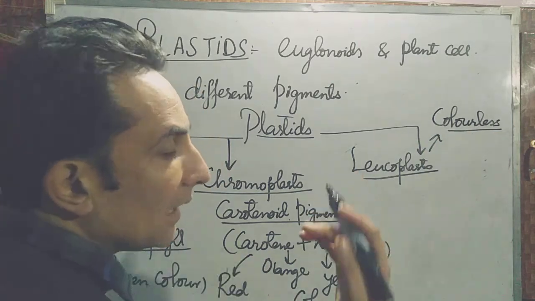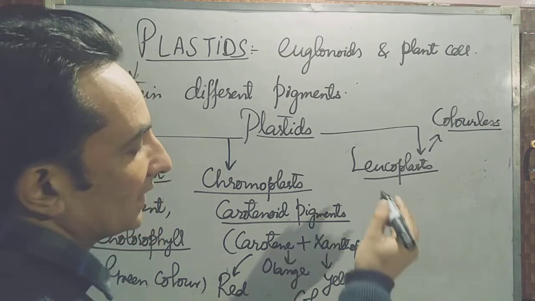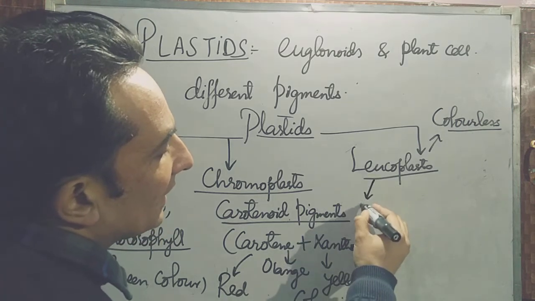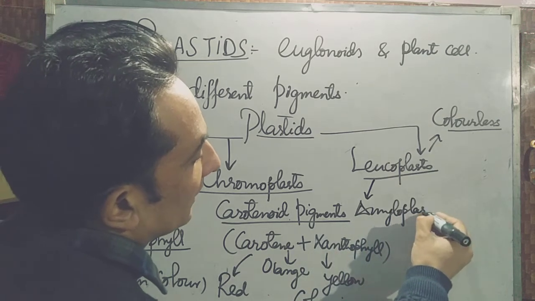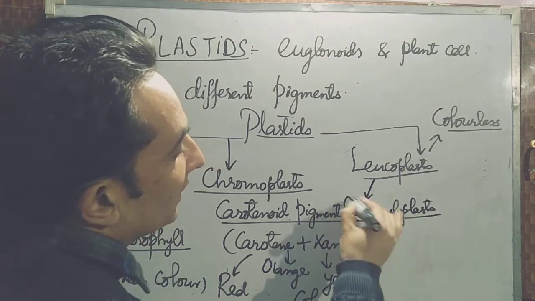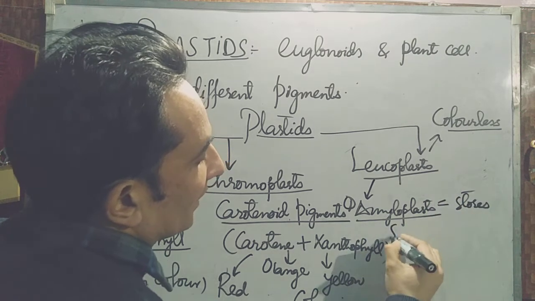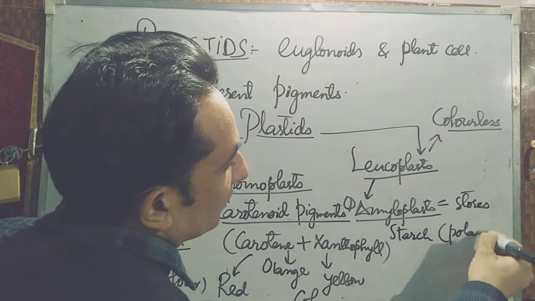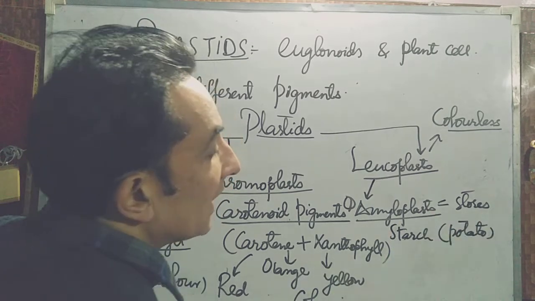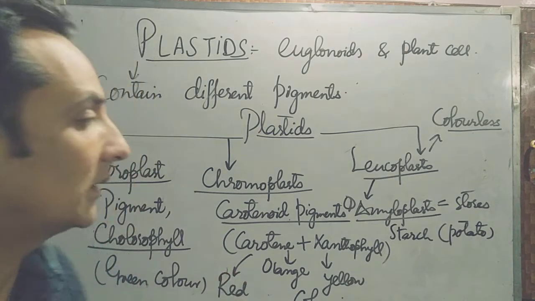They have storage functions, they store many materials. The first category among them is amyloplasts, which store starch, as in case of potato.